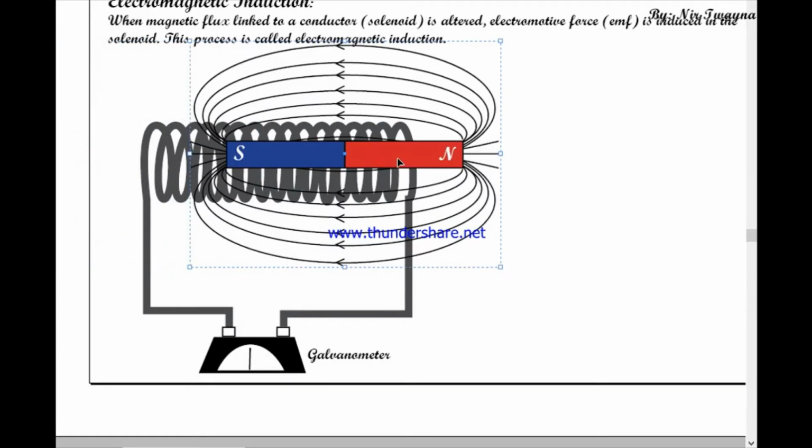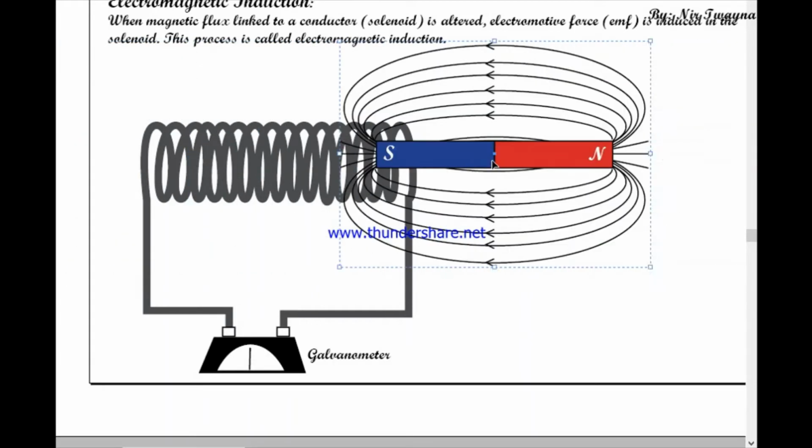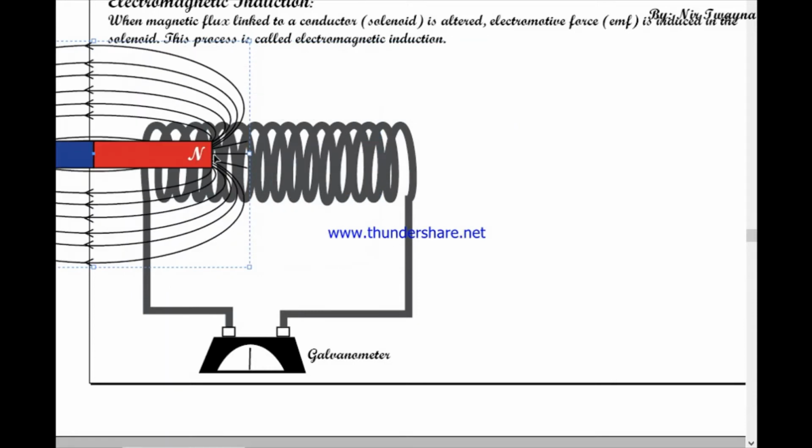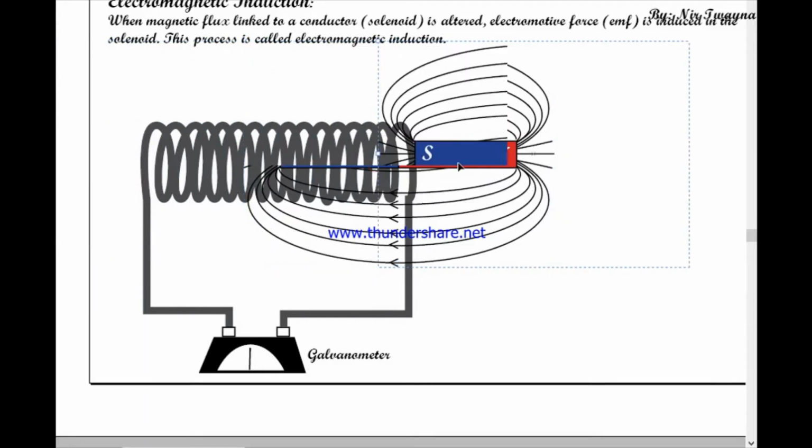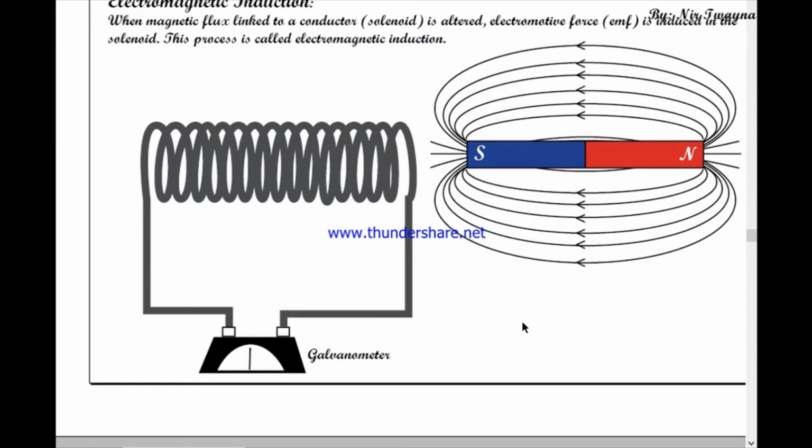Yes, the magnetic flux linked to the solenoid changes, and as a result EMF is induced in the solenoid. So what causes electricity to be induced in the solenoid, in the wire?